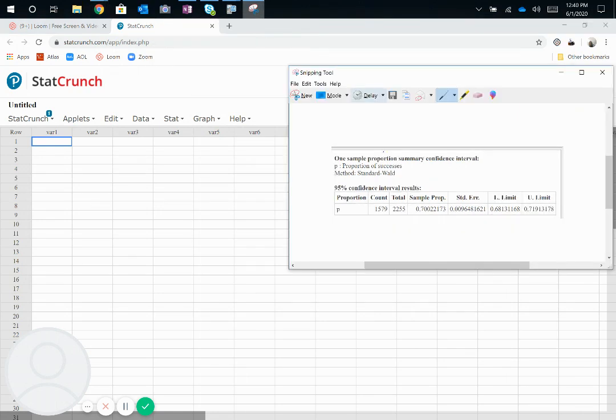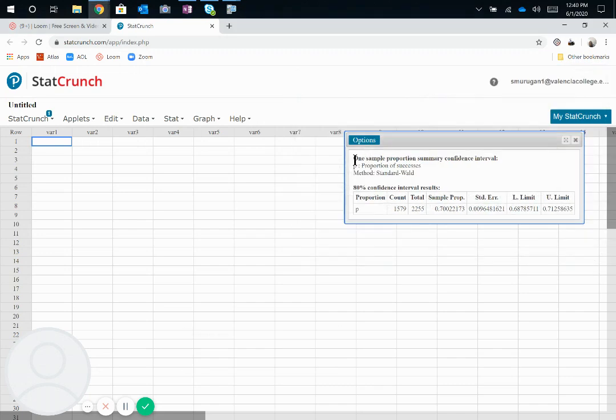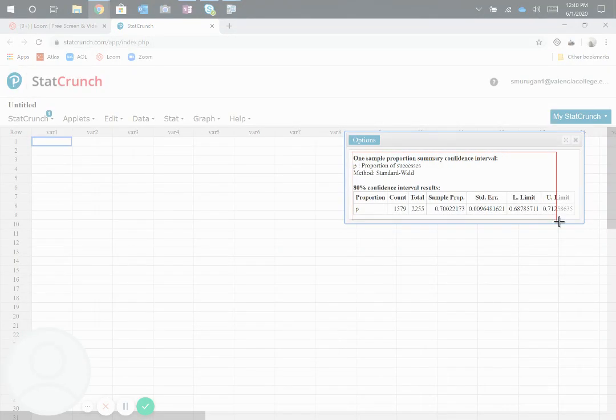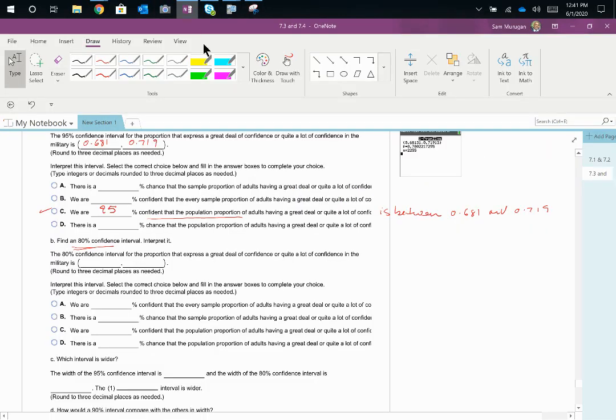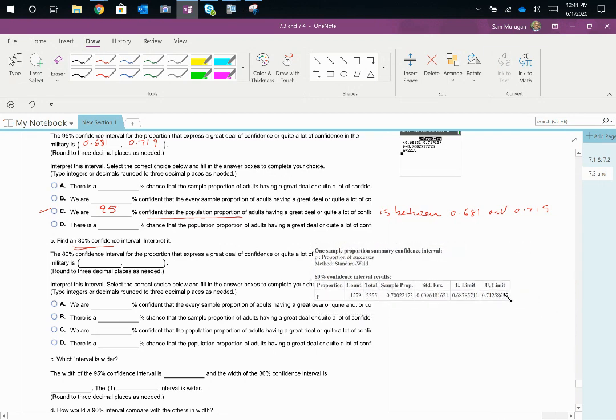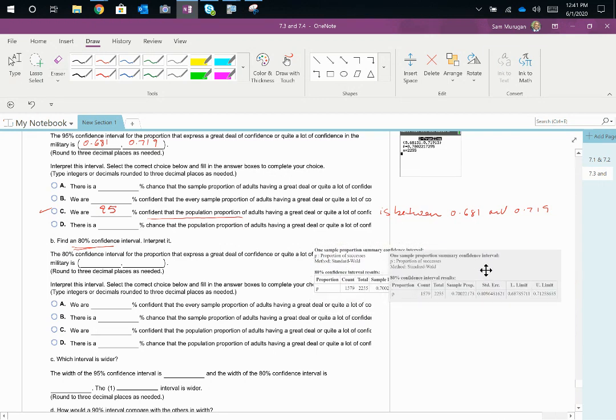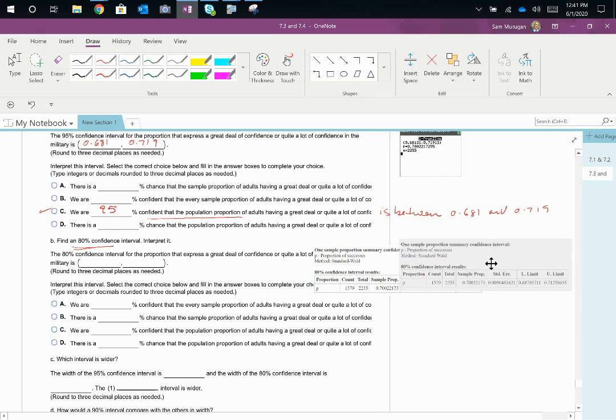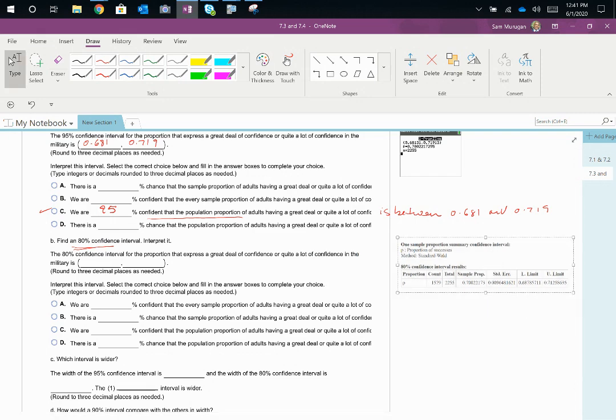So let's copy that as well and put it over. This is part B, which is showing between 0.688 and 0.713.